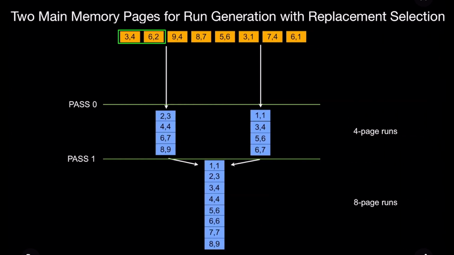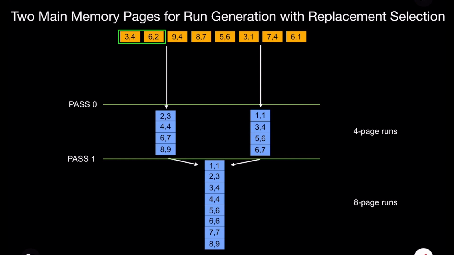Well, if I have an algorithm, assume that creates double the amount of output, even though I have only 2 pages available, that could reduce the number of merge levels in the algorithm. If my algorithm magically can, in a single pass 0 operation, sort all of those 4 pages, even though I have only 2 pages of memory available, I have bigger runs and I will have fewer runs.